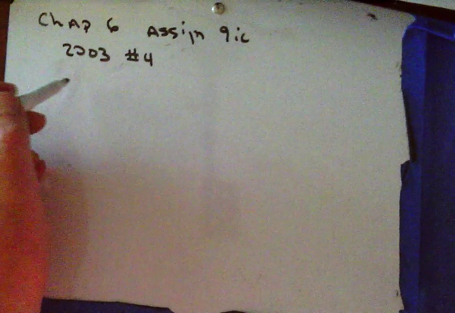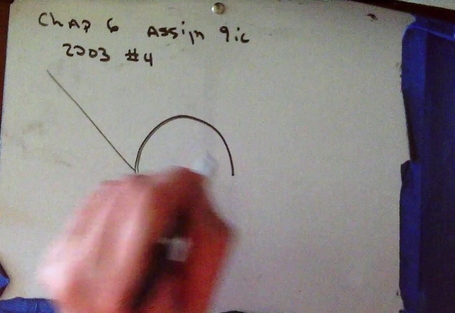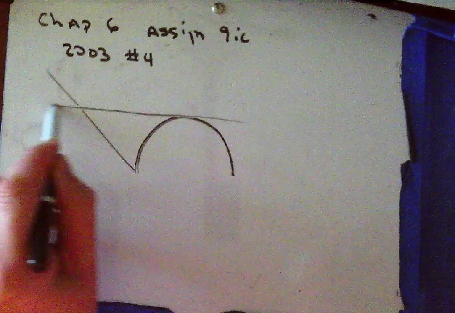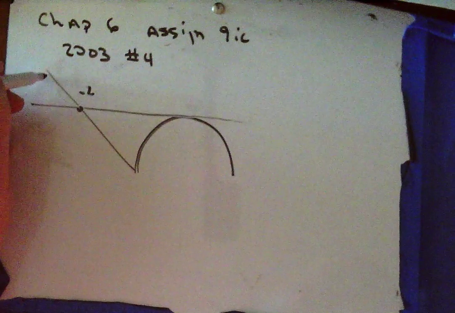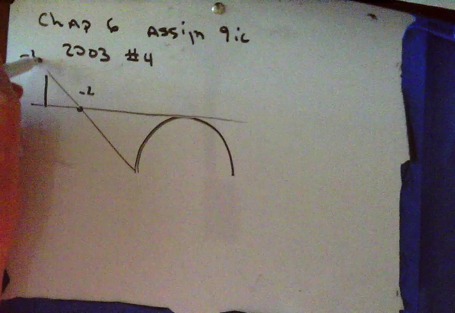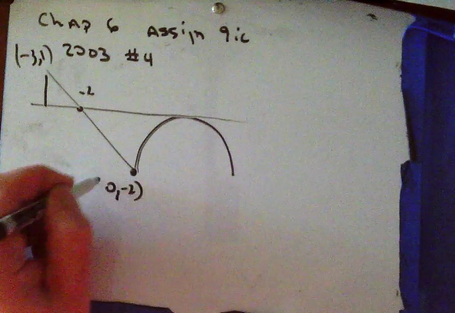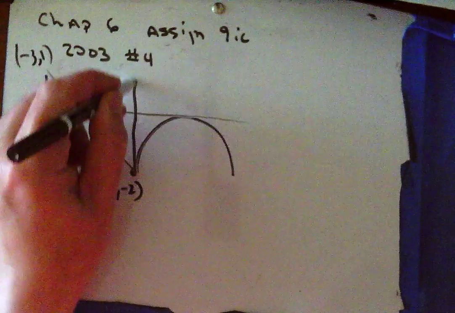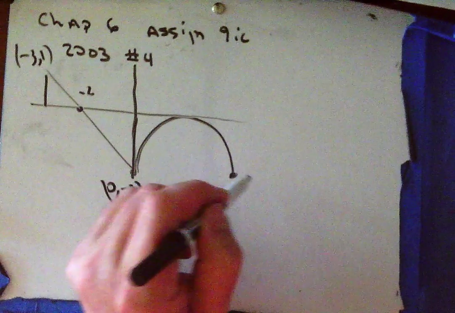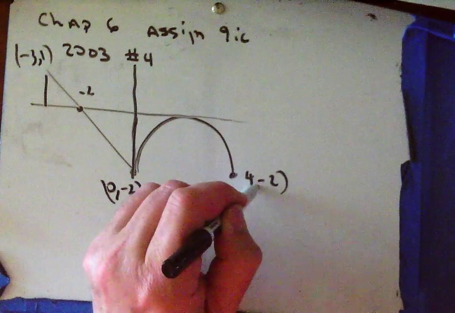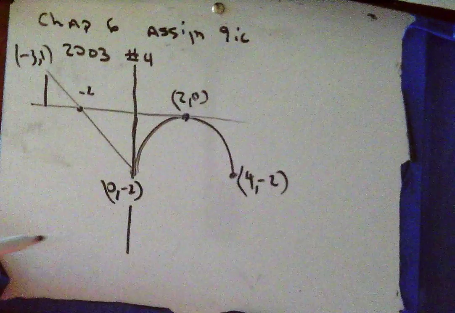So we've got this linear part, and then we have a semicircle. Okay, this is -2. This is -3, 1. This is 0, -2. There's our y-axis. This over here is 4, -2. And this place is 2, 0.